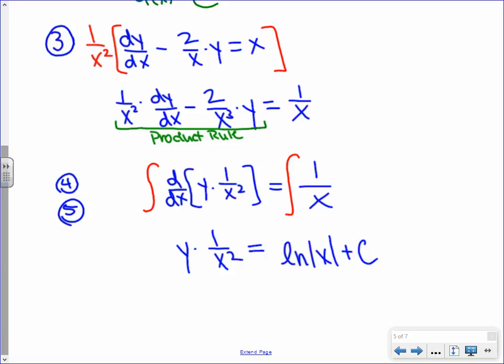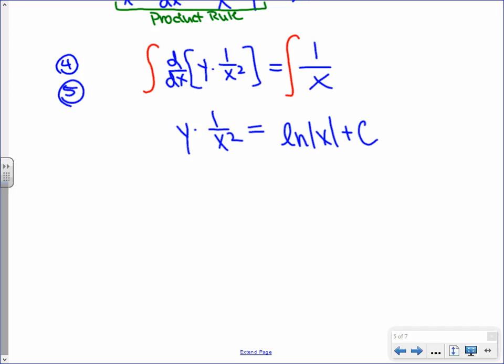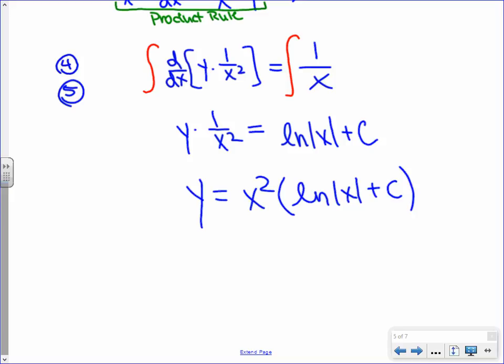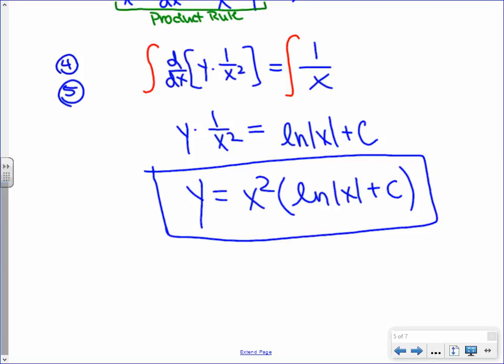This one we can keep. We can solve for y. And here is our general solution to the differential equation. Ta-da!